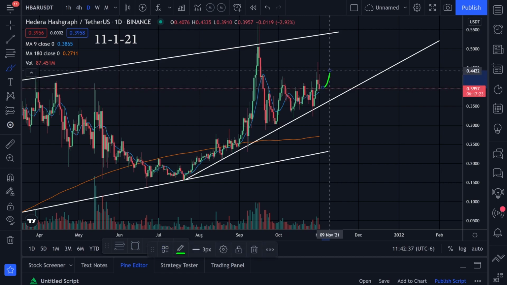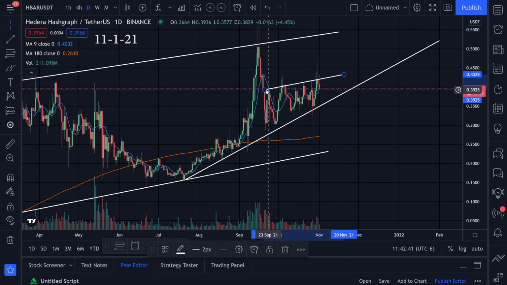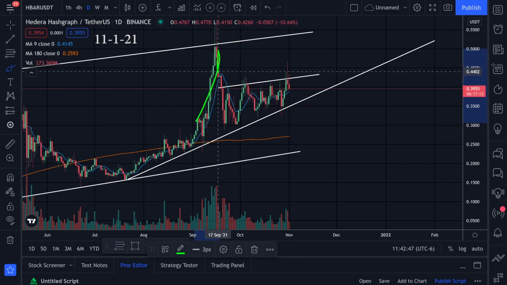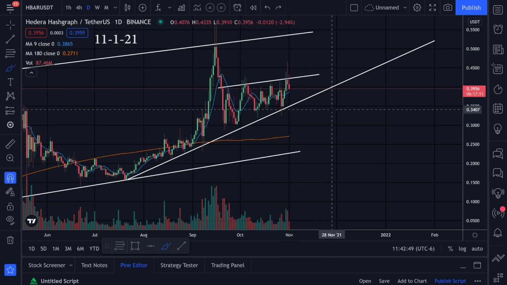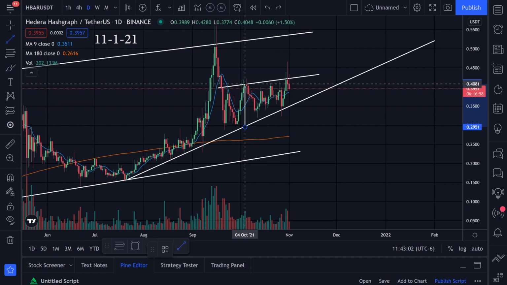I think if we break out of here, let's do a top trend line, maybe something like this. This looks slightly like sushi, where we had a big run up and then we came down and then we were in a channel pattern. So what I'm thinking is, if we could break this resistance line going to the upside, we can target from the top to bottom, like the sushi video I just did.